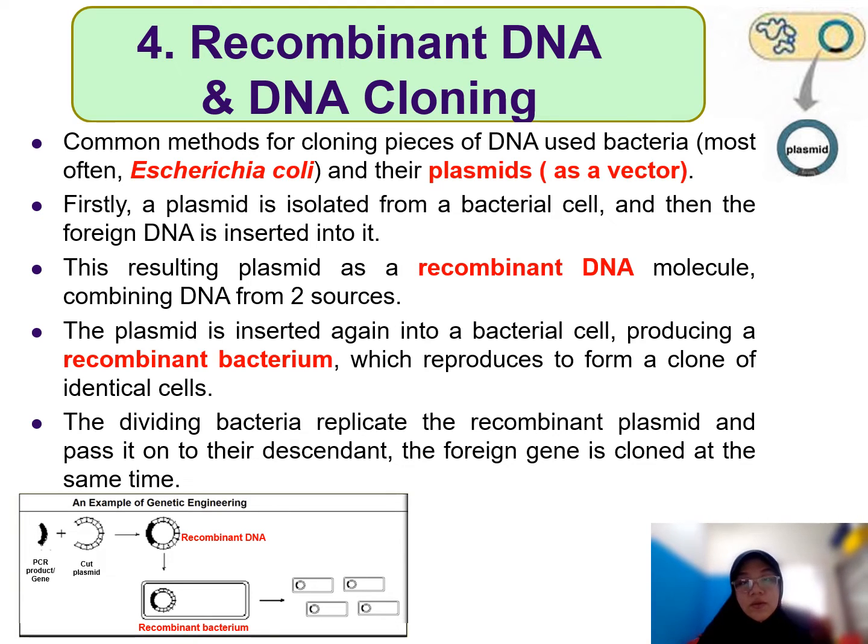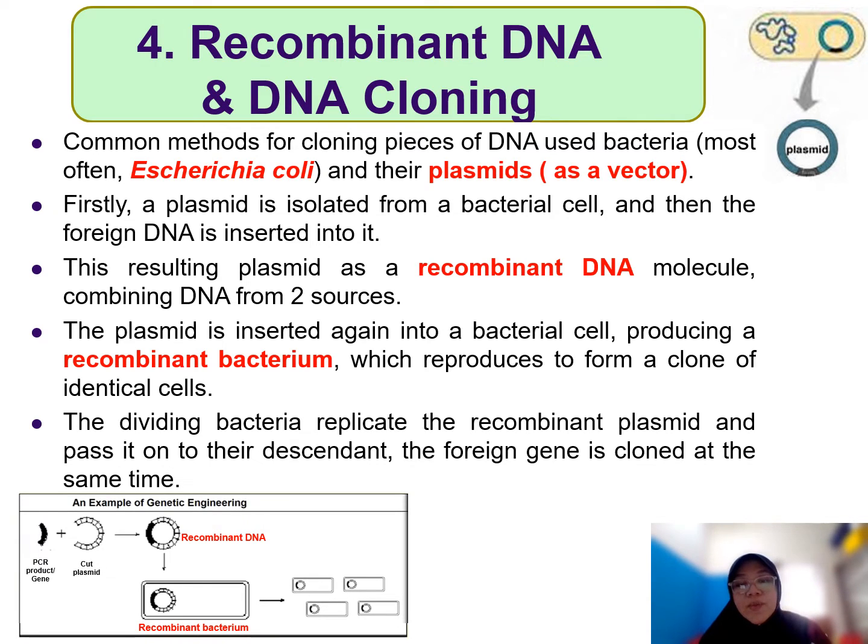This is the plasmid, the round structure isolated from the bacteria E. coli. Firstly, the isolated plasmid will be inserted with the gene of interest. This results in a recombinant DNA molecule.